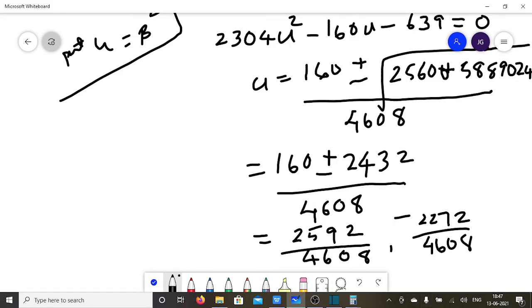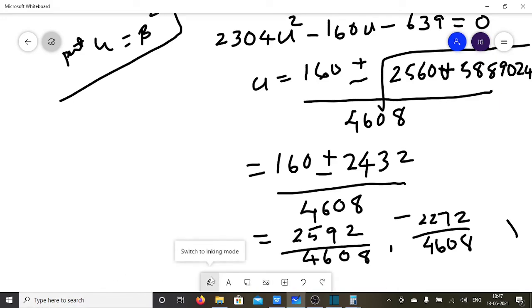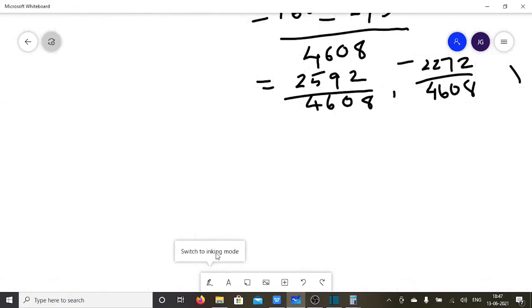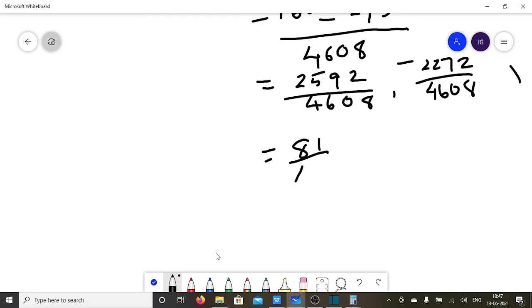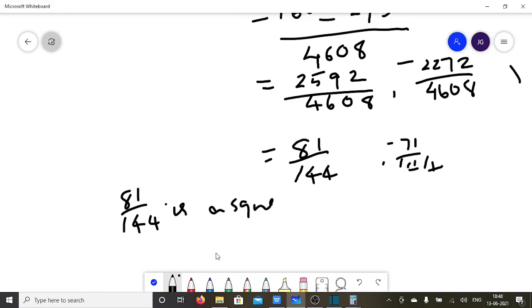We need a perfect square, since this is beta square. If we simplify this one, we will get this as 81 by 144 and this will be minus 71 by 144. Out of this, 81 by 144 is a perfect square, so we can take that value.